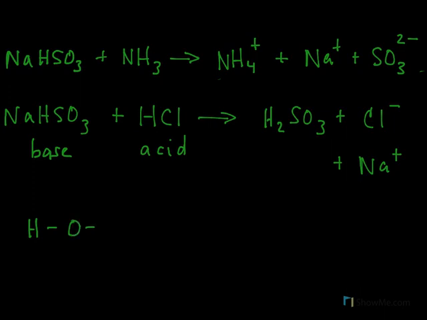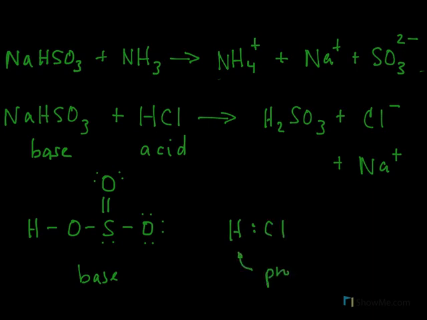And if we write out the Lewis structure again, this is now going to be our base, and here's hydrochloric acid. This is the proton that will be leaving this hydrochloric acid, so the lone pair of electrons here will grab that proton.